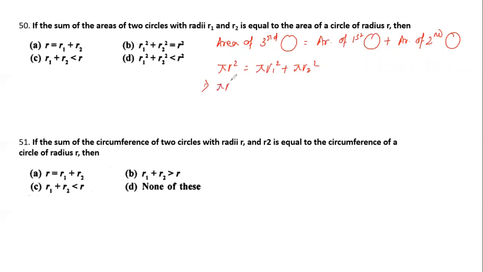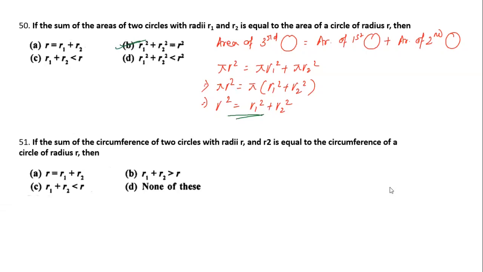Take pi common, r1 square plus r2 square. So finally, r square is equal to r1 square plus r2 square. Option B is the final answer and option B is correct.